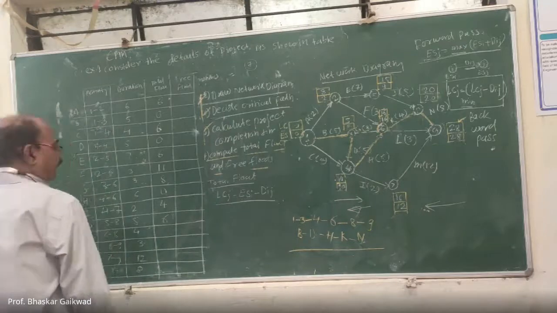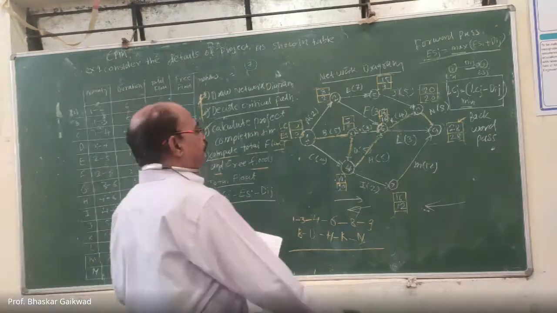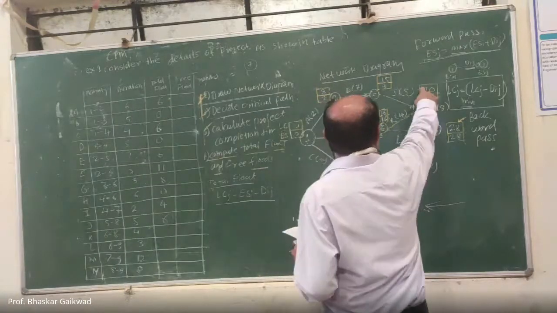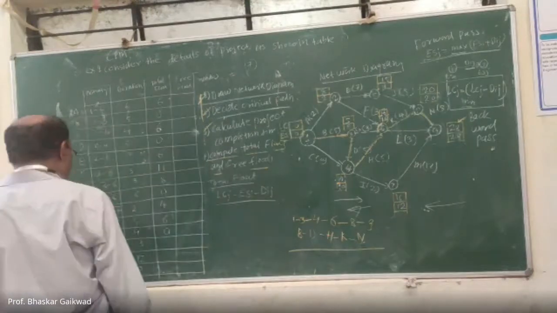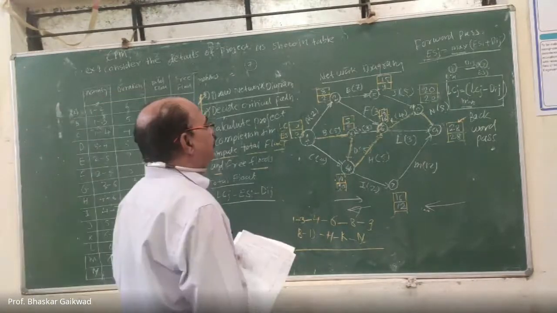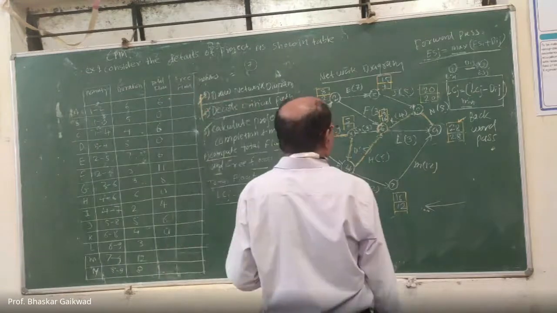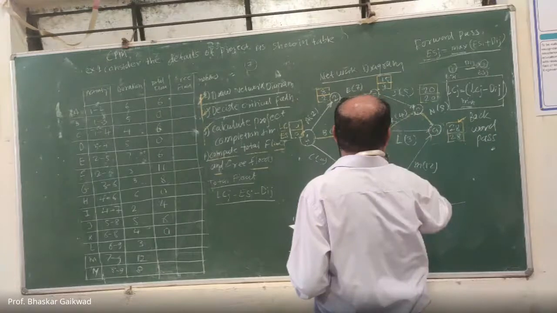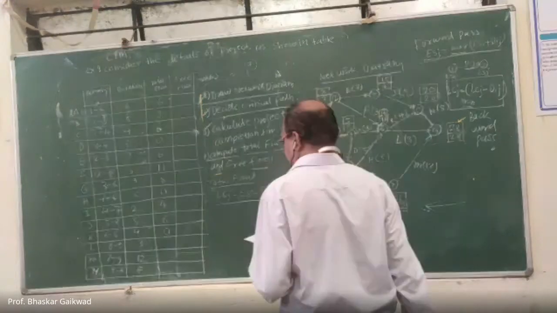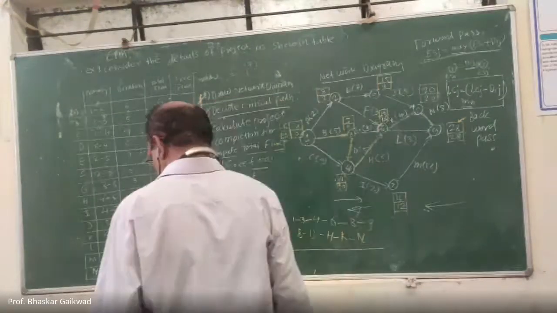Then K, 6 to 8. Here it is 20. 20 minus 16, 4. 4 minus 4, 0. So here you have to write 0. Then after that, L, 6 to 9, this activity. Here it is a 28. 28 minus 16 minus 3. How much here? So L here is a 9.